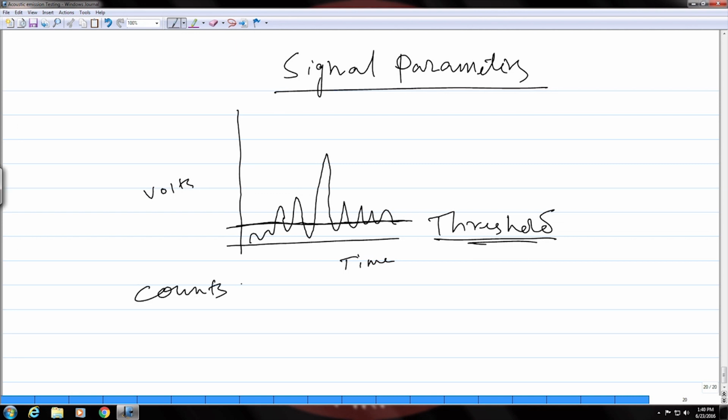First thing is counts. That would indicate the strength of the acoustic emission source, and this is nothing but the number of excursions or the number of crossings you see above the threshold.